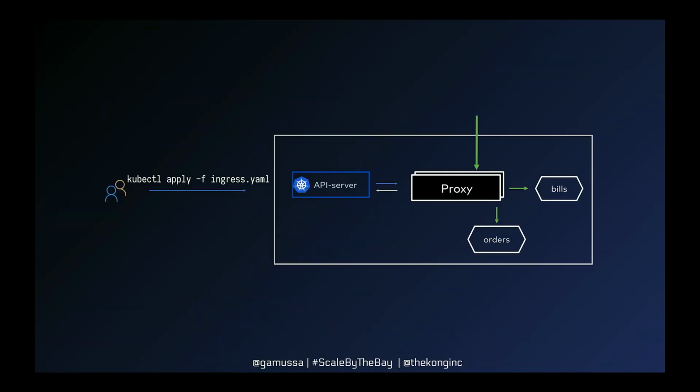All right, so let's go deeper and see what is going on and what we can actually do with this. The way it works, we take this specification where we defined our ingress and our ingress class, and after that we submit this to the Kubernetes API server. The Kubernetes API server translates this into objects, and some of what we call controllers, listening to events happening with these ingresses, are responsible for taking care of this configuration.